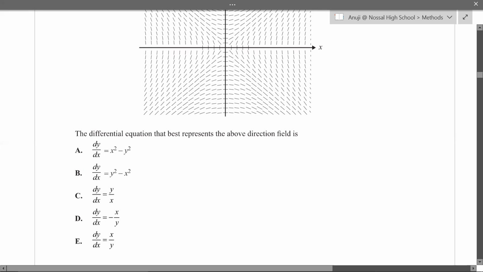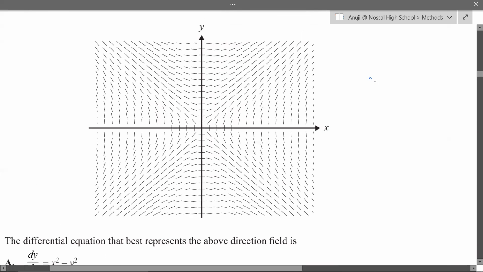But then the next thing you look at is where dy/dx equals 0 and where dy/dx is undefined. Undefined is the easiest to look at because it would be a vertical line. So there's vertical lines here. That means when y equals 0, because it's the x-axis, dy/dx should be undefined.